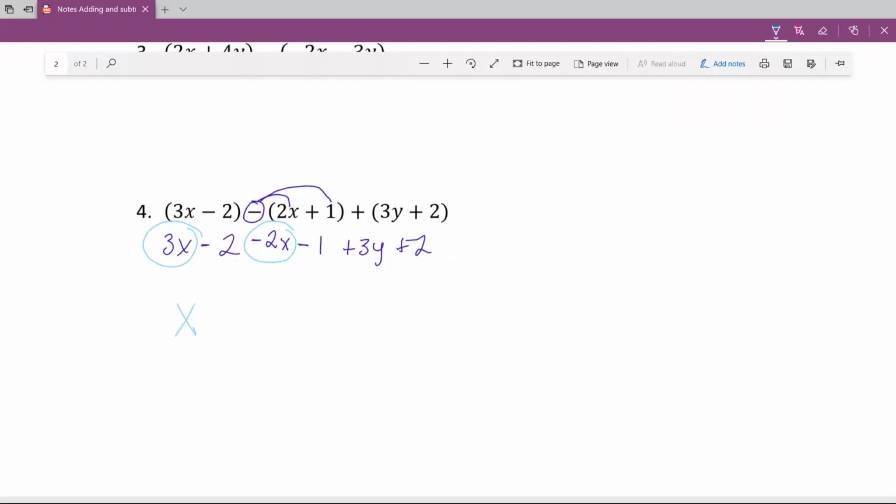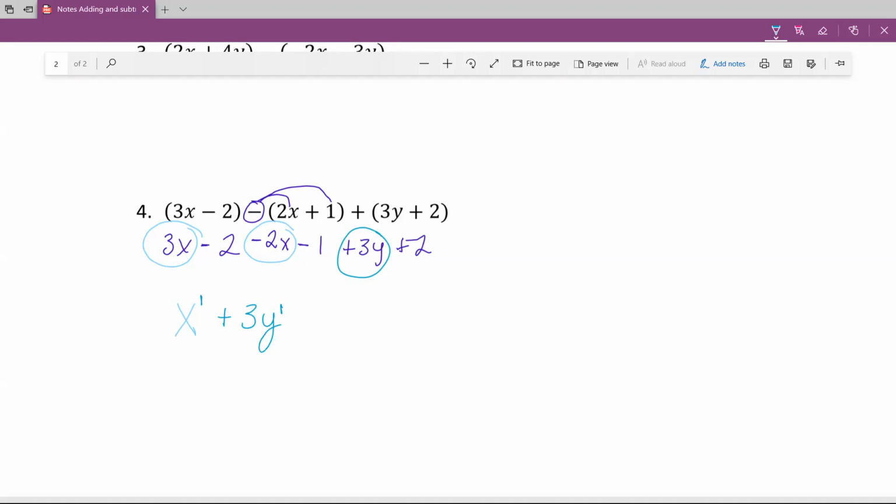Now notice this one also has a 3y. So I'm going to bring along my plus 3y. Now wait a second and pause. These both have an exponent of 1. So how do I know that the x comes before the y? Well, think about your alphabet.